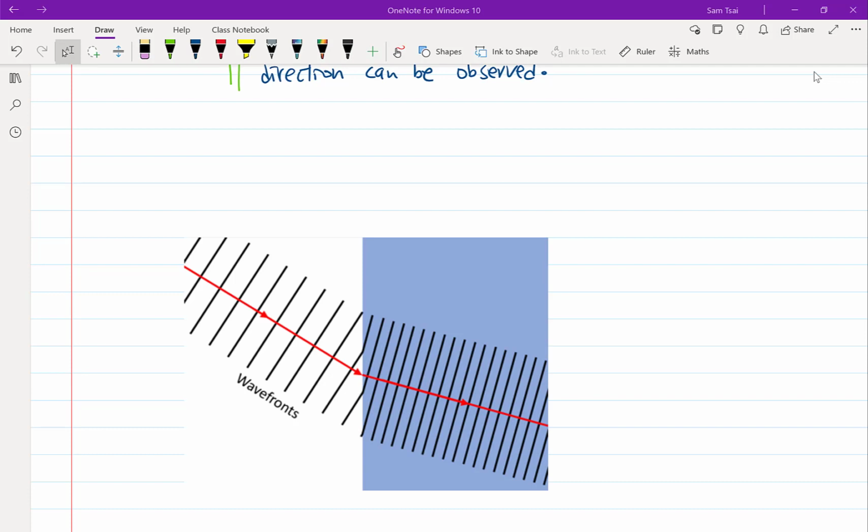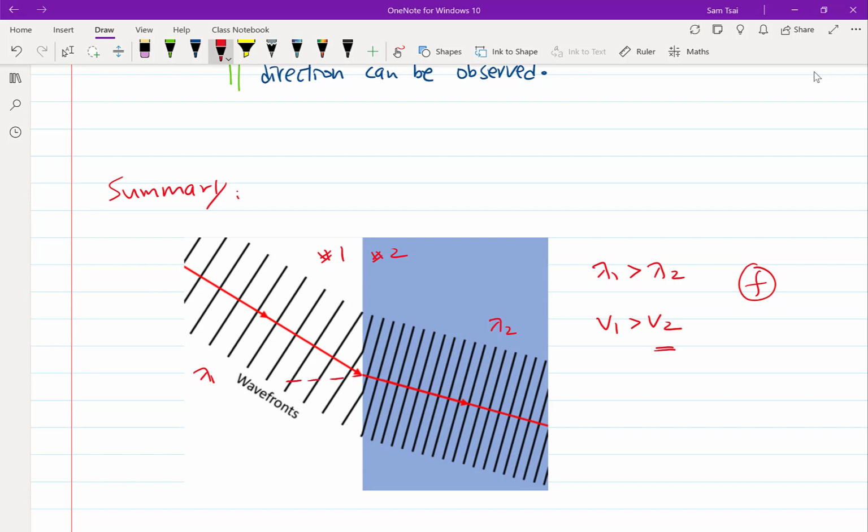Let's summarize what we have learned. Assume this is medium 1, this is medium 2. The wave is traveling from here into here, and you can see the wavelength lambda becomes shorter. Because v equals f lambda, and f is the same, v1 is greater than v2. You can see the speed of the wave slows down.